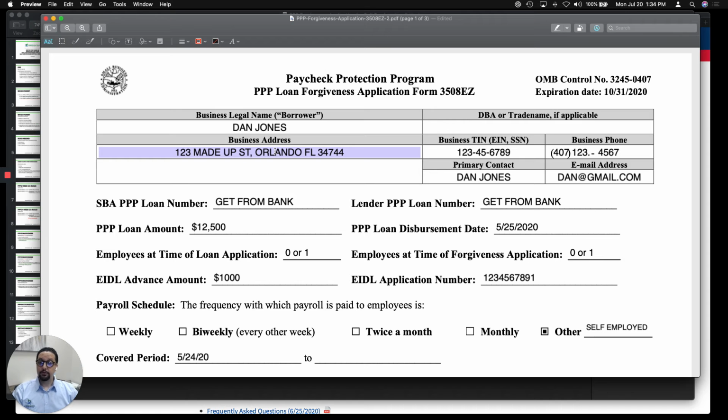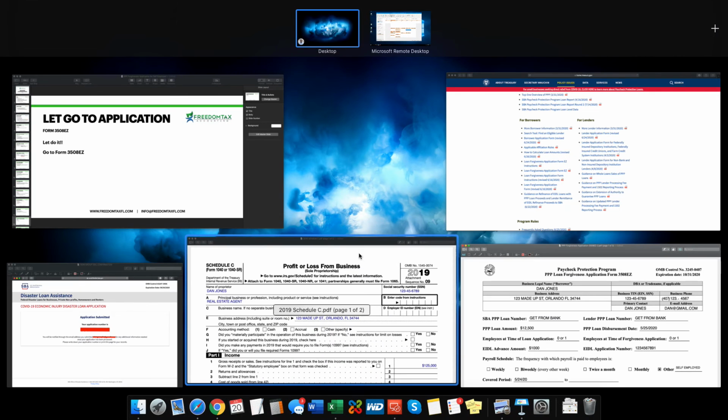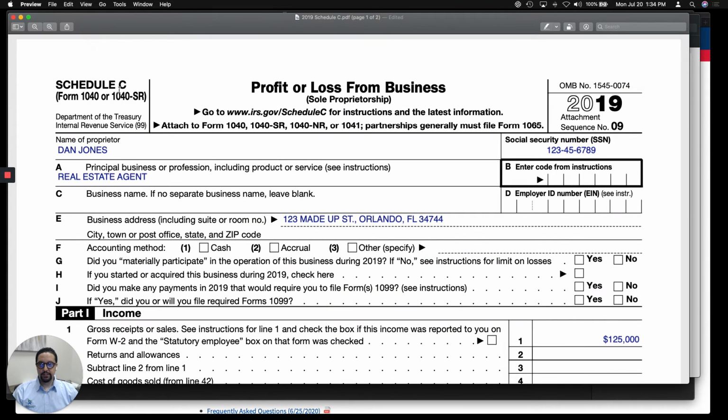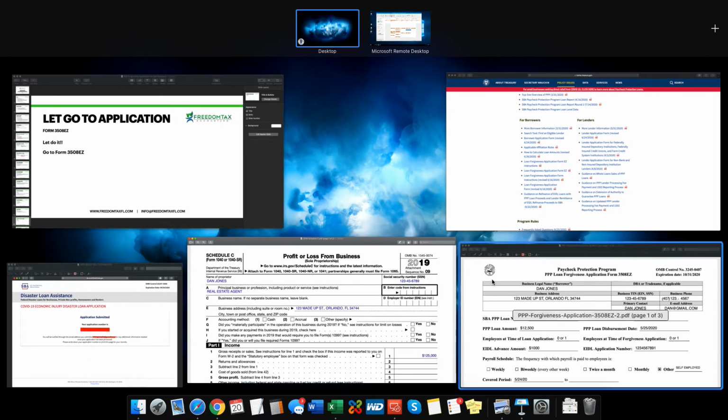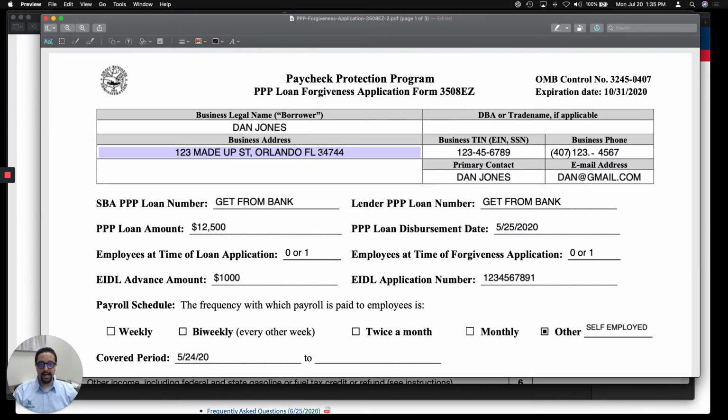Here you add your business address. Now, very important: go to your 2019 Schedule C, line E, where you have your business address, and make sure that is the same address that you add on the application.